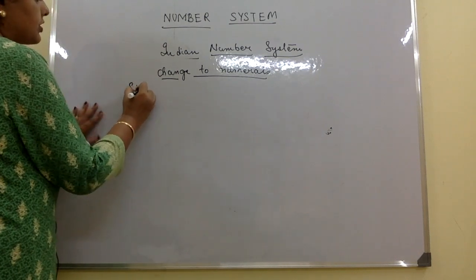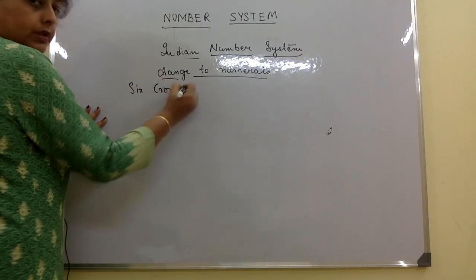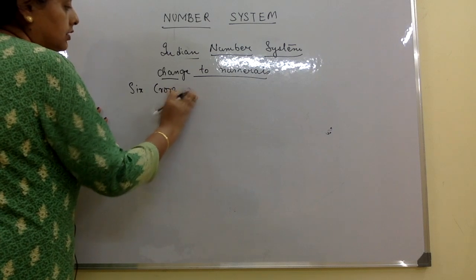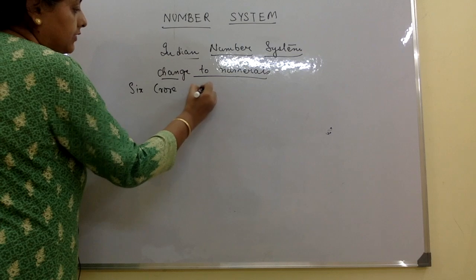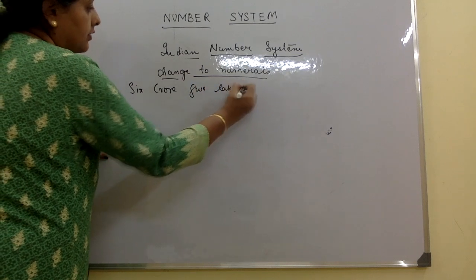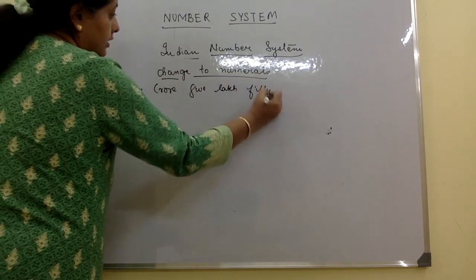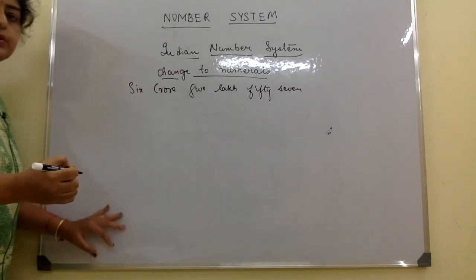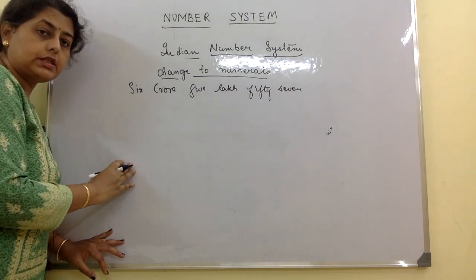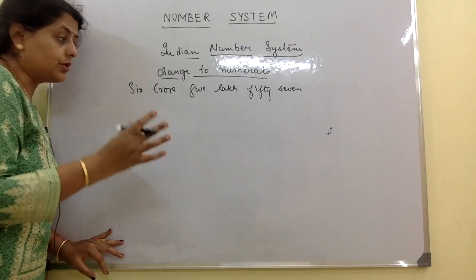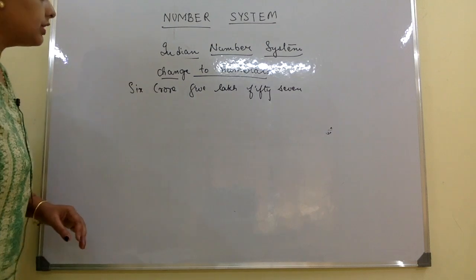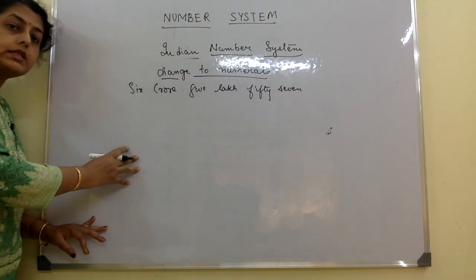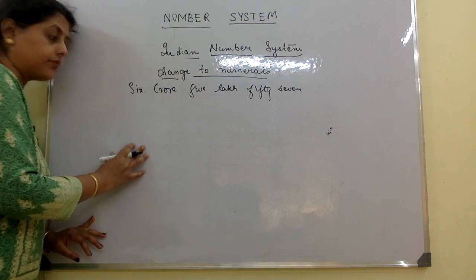They have given us the question like this: 6 crore 5 lakh 57. So how do I write it in numerals? First thing is, now the number is 6 crore 5 lakh and 57.